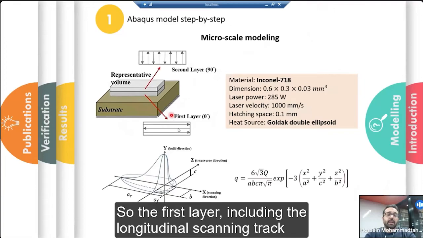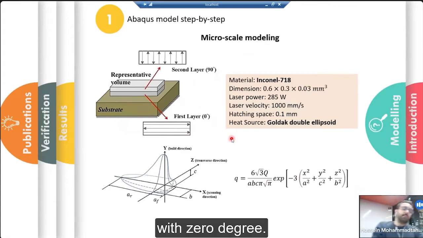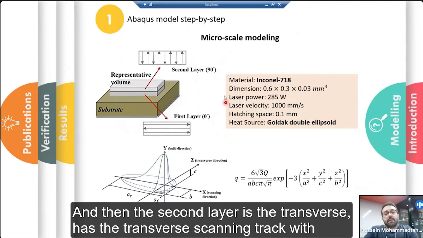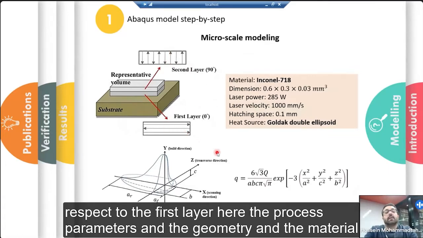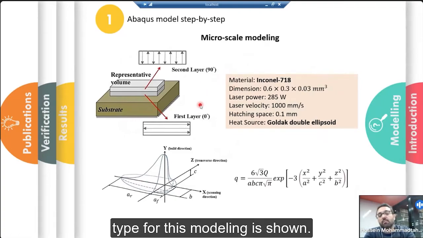The first layer has the longitudinal scanning track at 0 degrees, and the second layer has the transverse scanning track with respect to the first layer.